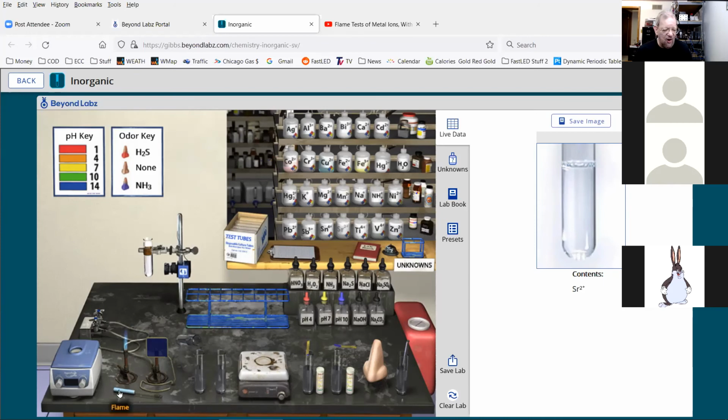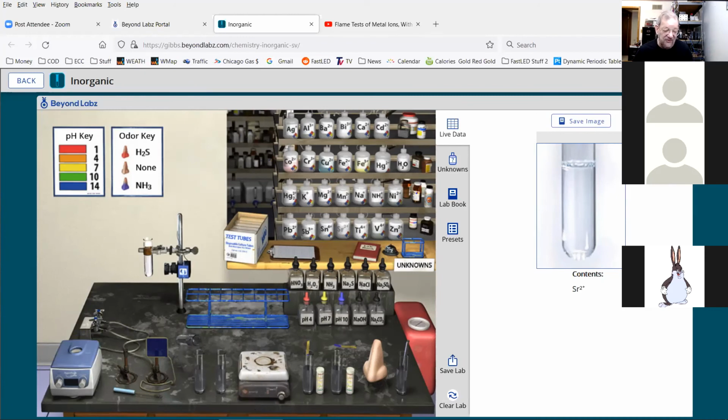Now, in the lower left right here, there's a Bunsen burner, and next to it, it says flame, and flame with cobalt. You don't want to use the flame with cobalt. Cobalt filters out certain colors. I've never used it in my career.